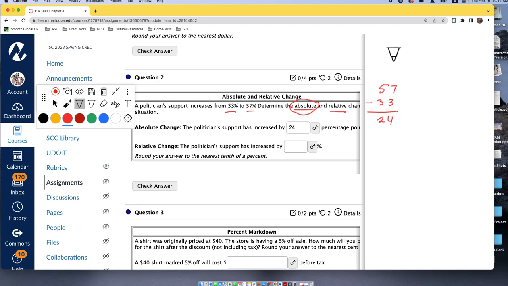Percent change: we can get that by taking the new value minus the old, which we just did, but what we're comparing it to is the old value. So we divide by the old value, and that will make it into a percentage.